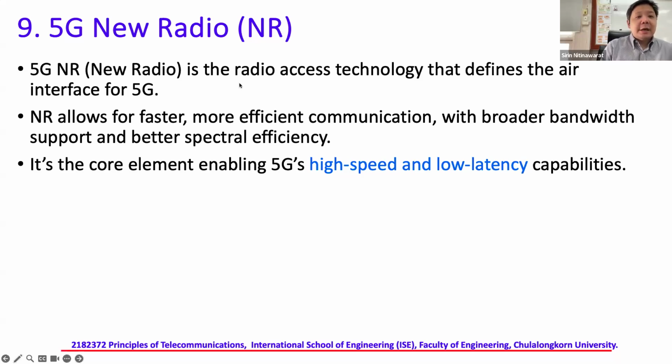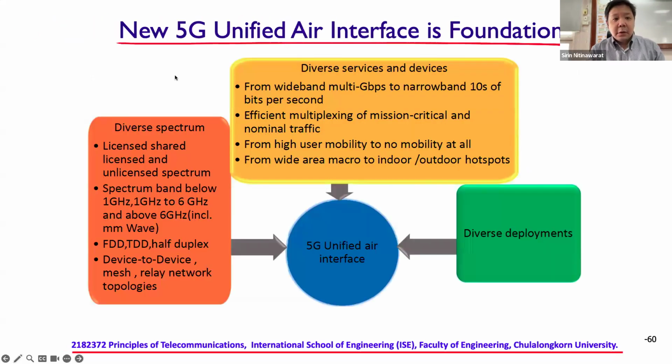So this is a radio access technology that defines the air interface of 5G, okay? So you see use of a diverse set of spectra, ranging from licensed shared, licensed, and unlicensed.